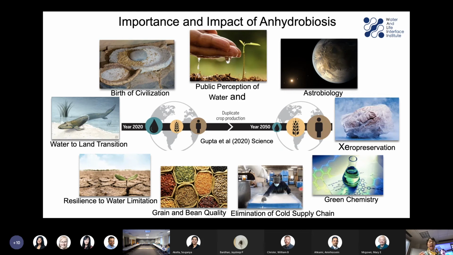But going beyond that, this idea of anhydrobiosis concept and mechanisms could potentially help us think about alternatives to cryopreservation. It's called zero preservation, preserving things in dry state, or the possibility of eliminating cold supply chain for proteins, antibodies, vaccines, and possibly even green chemistry that we could do without aqueous solutions.